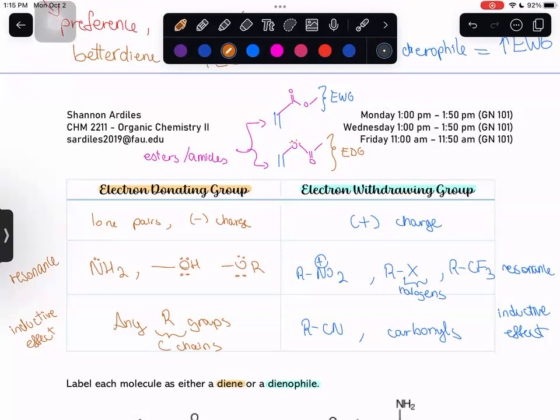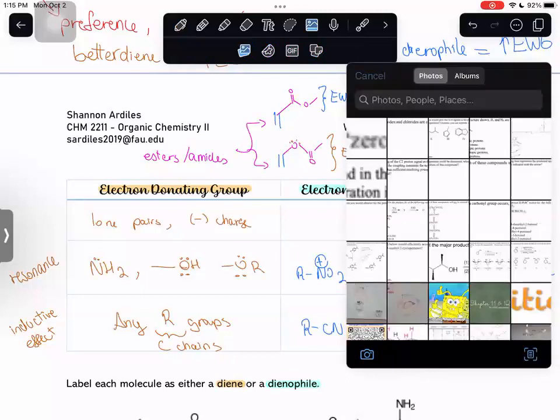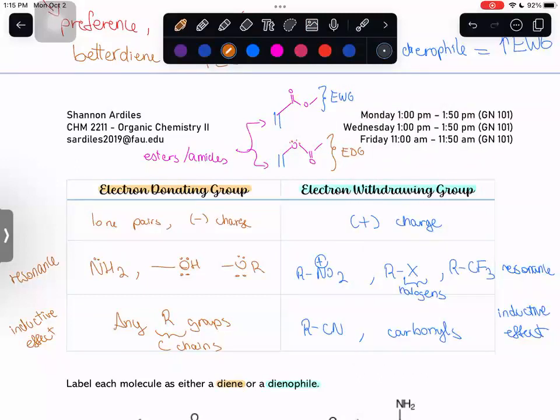So far, questions on that? Because the double bond is conjugated to one type.